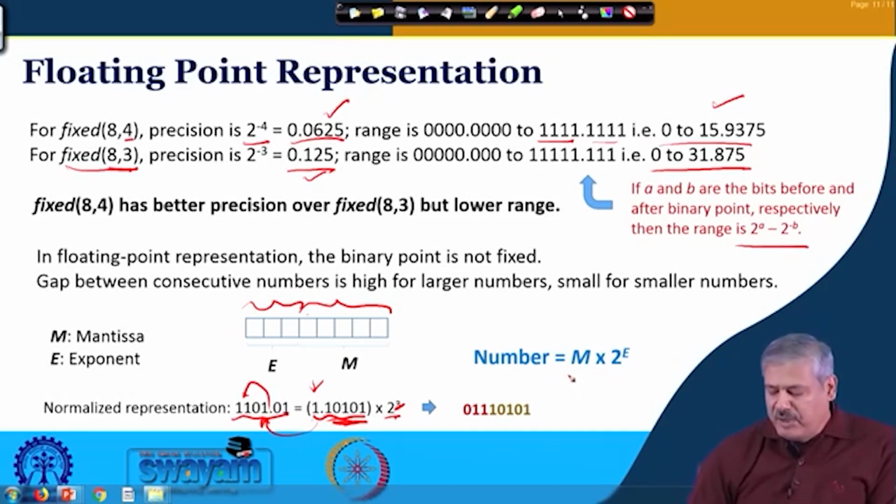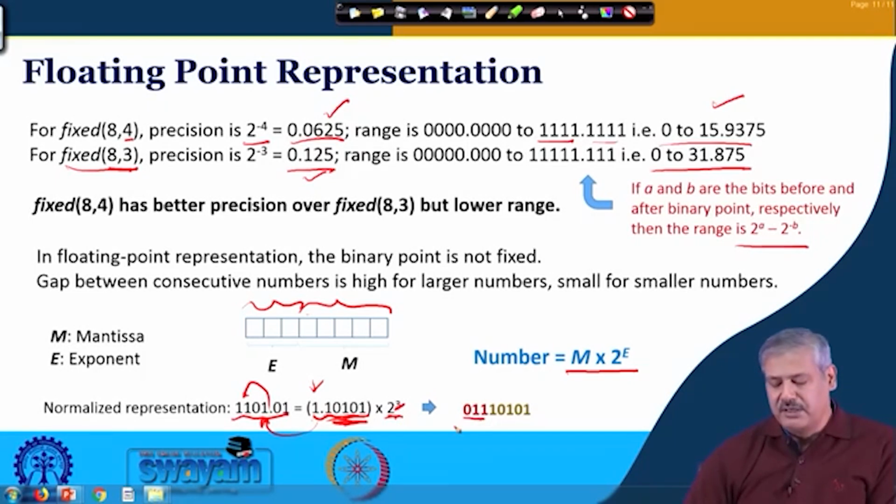So, the number will be represented in this form, m into 2 to the power e, where m is the mantissa part, that is what is coming after the fractional point when a 1 is present just before the binary point, and the number of shifts required defines the exponent.